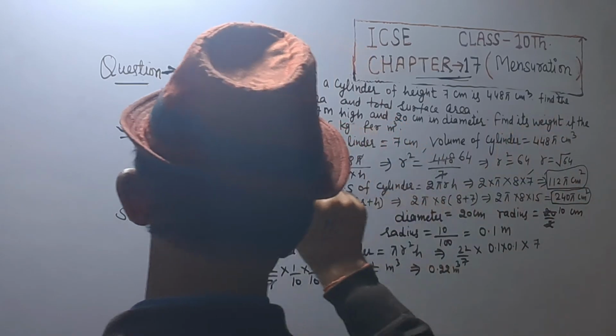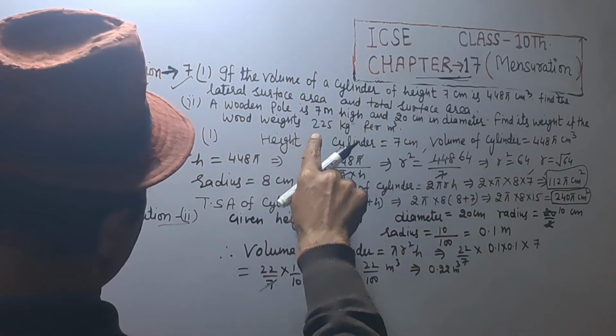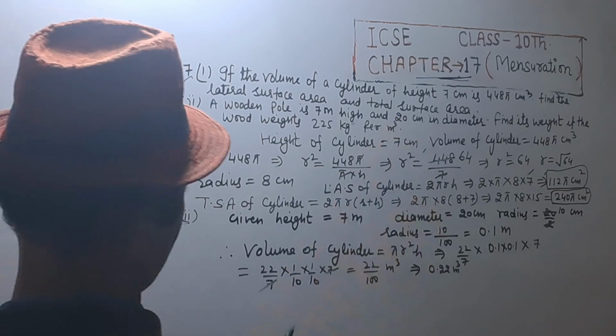Find its weight if the wood weighs 225 kg per meter cube.